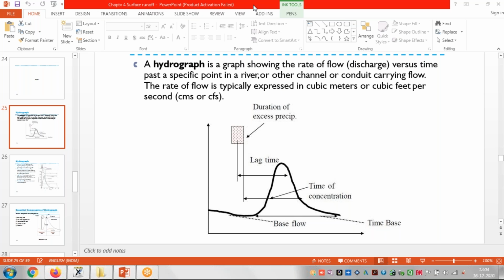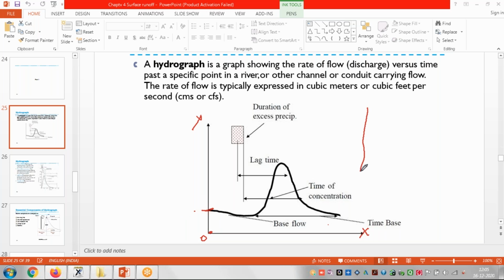Now you will see, this is our x-axis and this is our y-axis, right? So this graph actually does not start from zero. It starts from somewhere here, right? So this is zero and this is some value, maybe 1, 2, 3, whatever value.